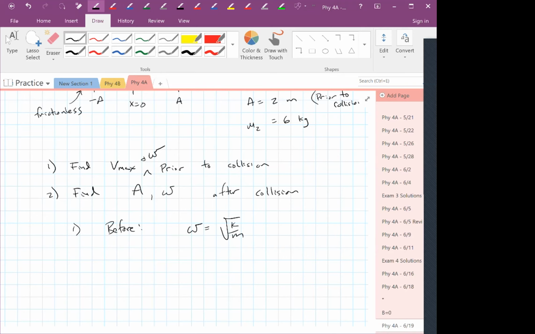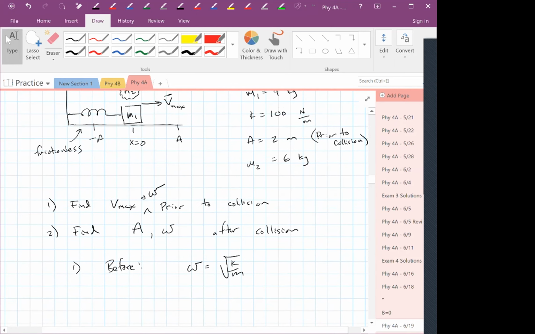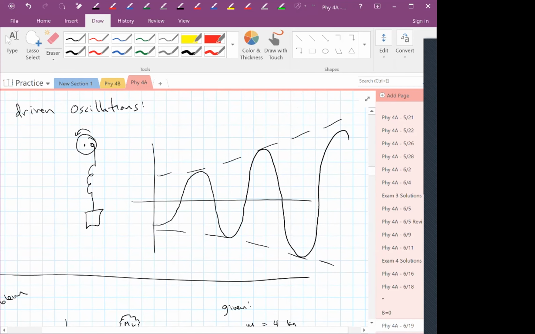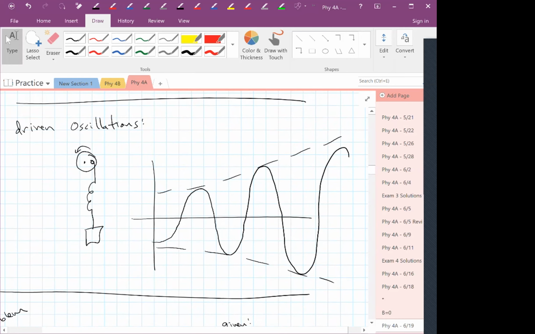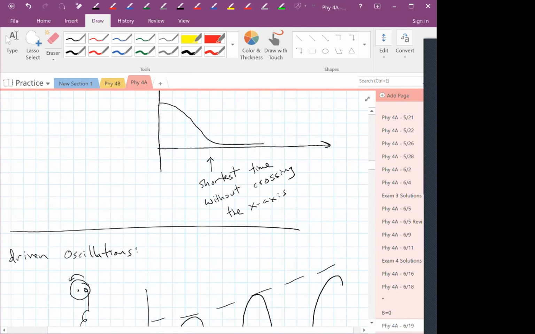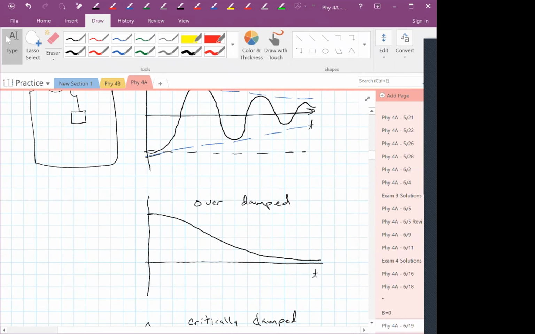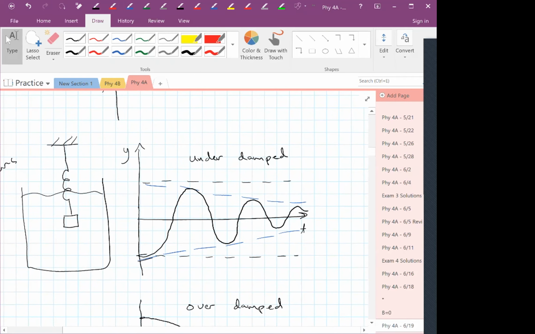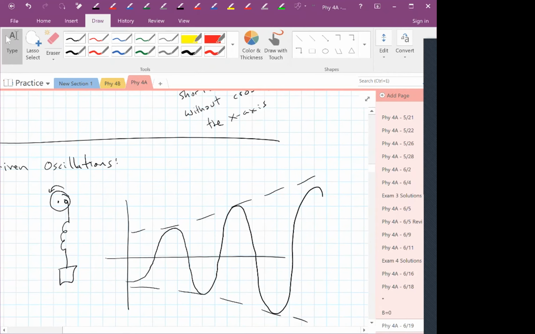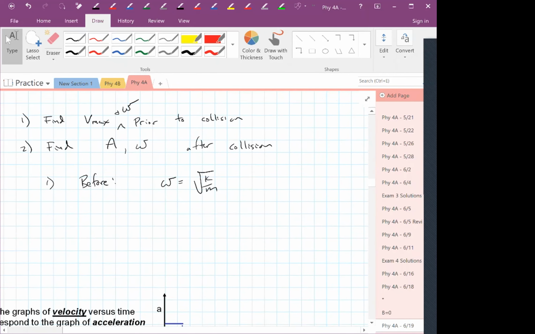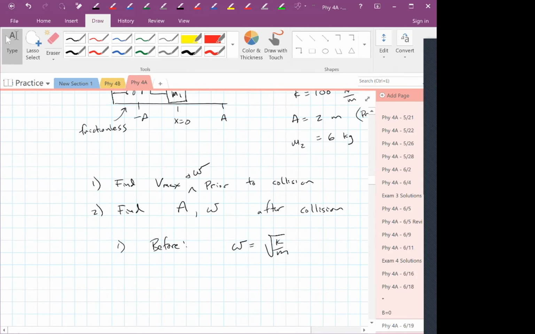Question about damped oscillations. I don't think so. Period stays the same. All right, so for this one, what do we have?